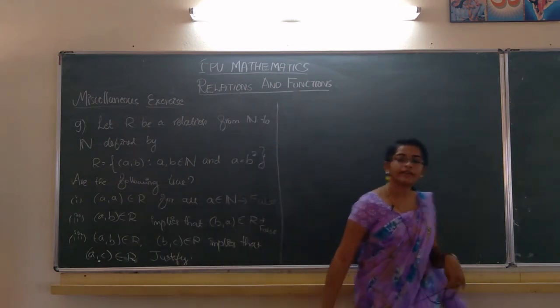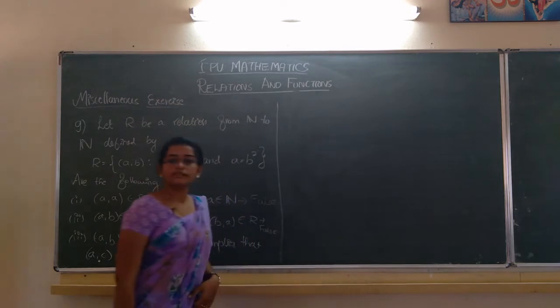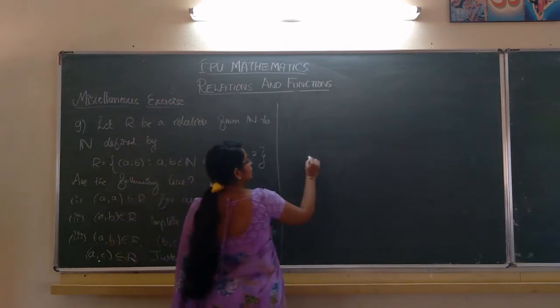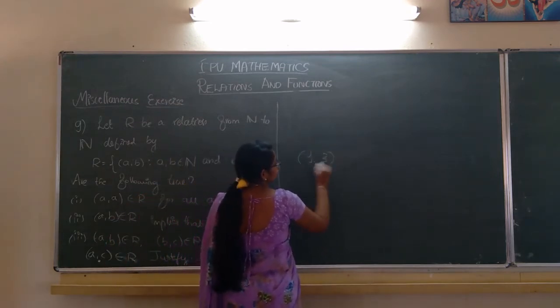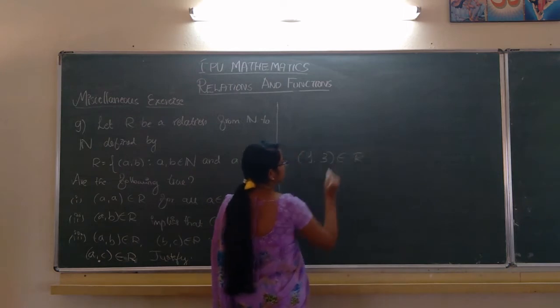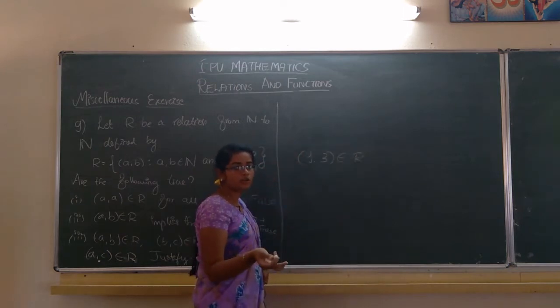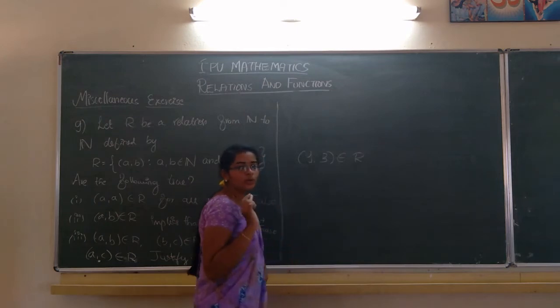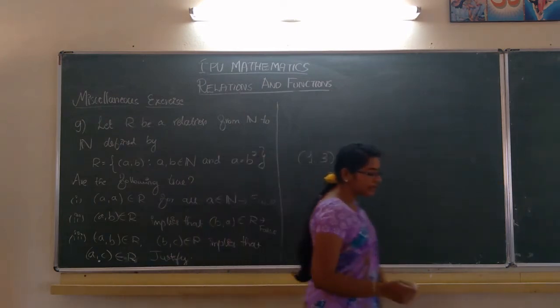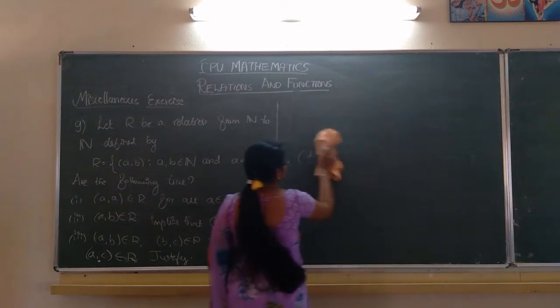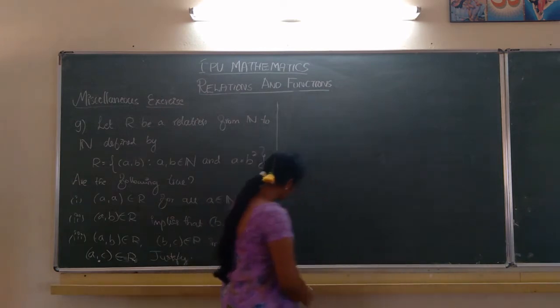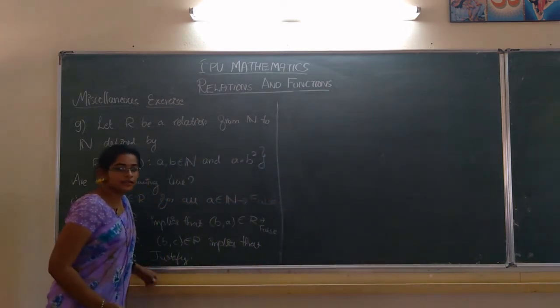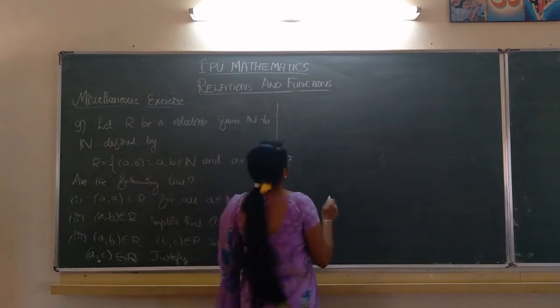If you take B to be equal to 3, then 9 comma 3 belongs to R, but 3 comma 9 does not belong to R, since 9 square is equal to 81, which is not equal to 3. Similarly, you can give any other examples. That is about justifying your answer. So, second statement is also wrong.